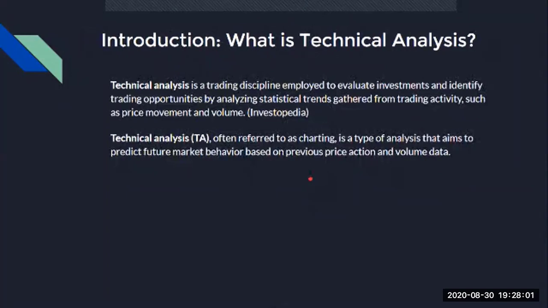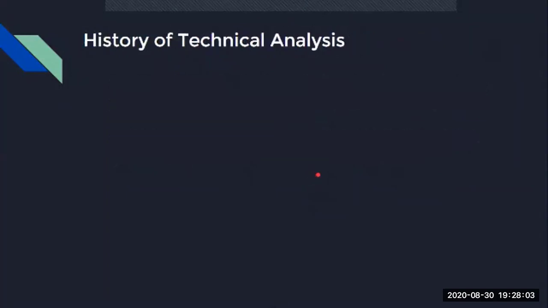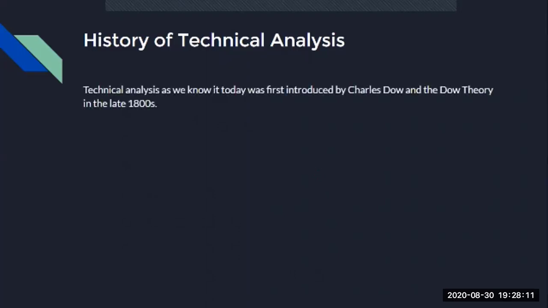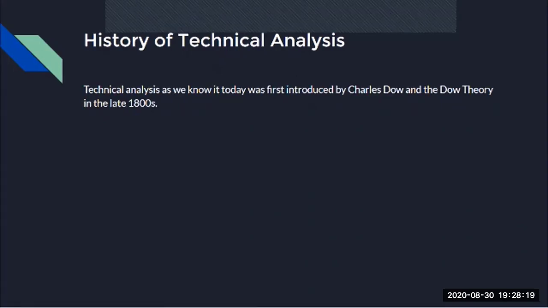So let's move on to the history of technical analysis. Where did it all start from? Technical analysis was first of all introduced by Charles Dow and the Dow theory in the late 1800s.